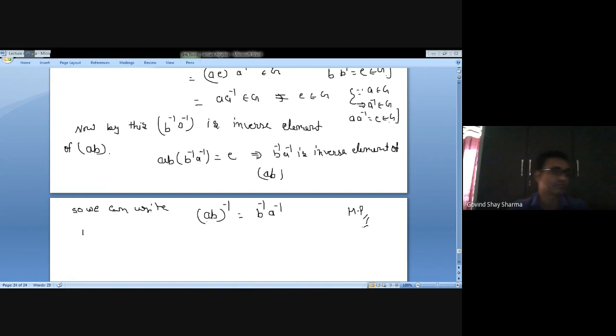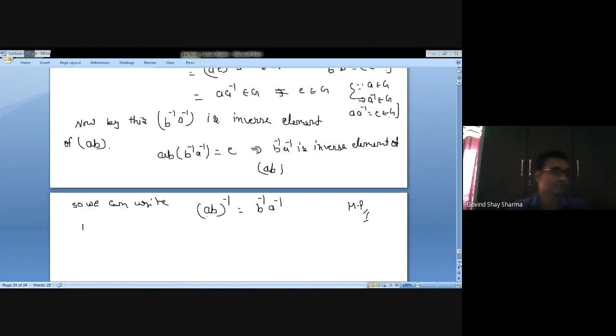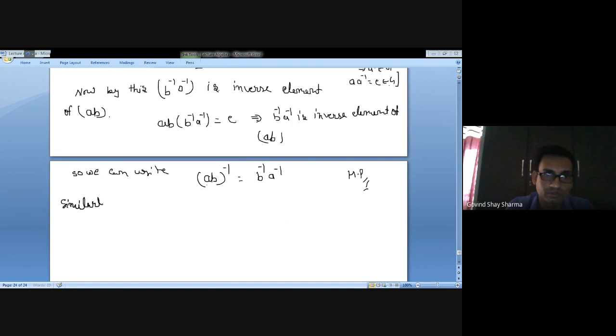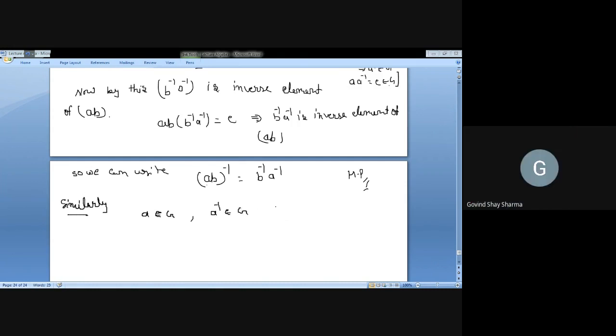Now we move on. Similarly, A belongs to G, A inverse also belongs to G. So we can write A inverse belongs to G. Okay.